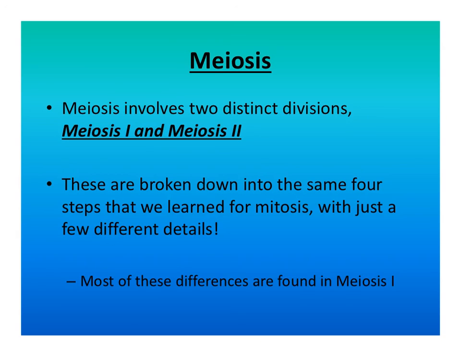So we're going to be looking at prophase 1, metaphase 1, anaphase 1, telophase 1, and then we shift into meiosis 2 and look at prophase 2, metaphase 2, anaphase 2, and telophase 2. Now, the majority of the differences take place in meiosis 1, and meiosis 2 really ends up looking almost just like the mitosis that we learned a while back.